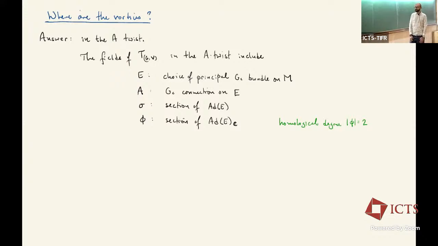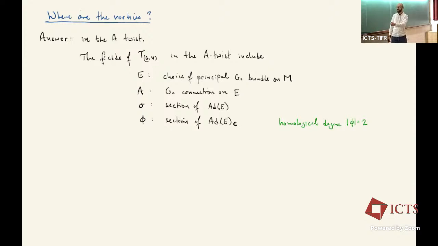The fields of the A-twisted theory on a three-manifold M: there are various ways to try to access what these TQFTs are, and one of them is to start with fields that you would throw in a path integral and try to quantize that somehow. I'm going to focus on that perspective, but there are other ways to look at this.